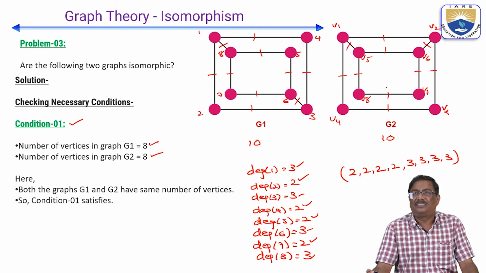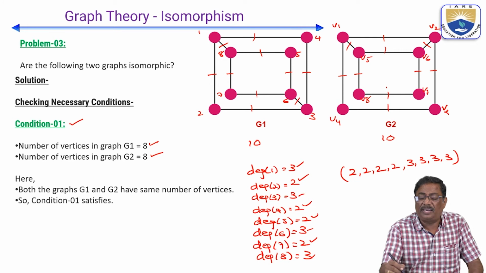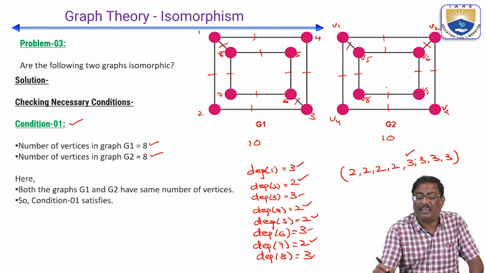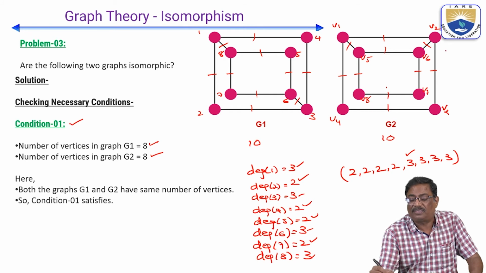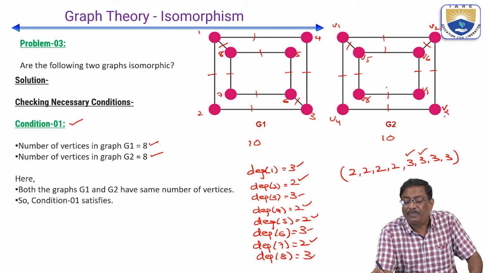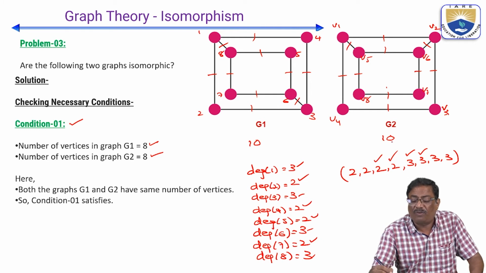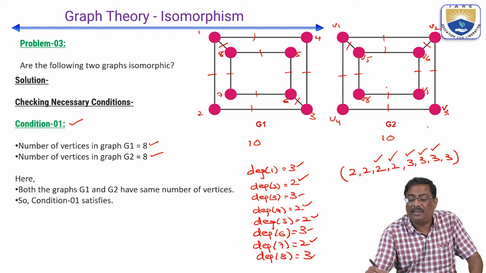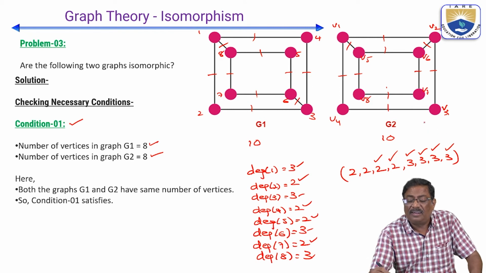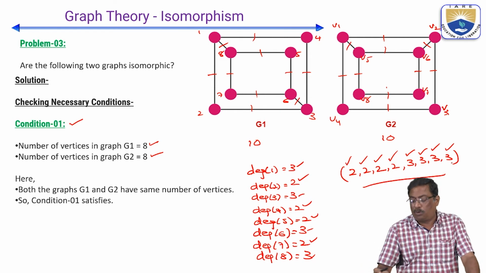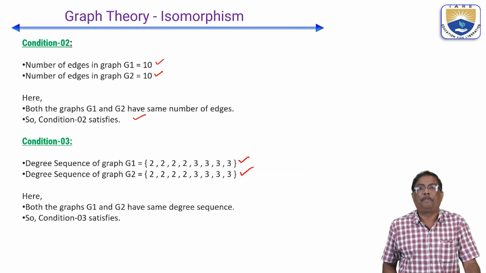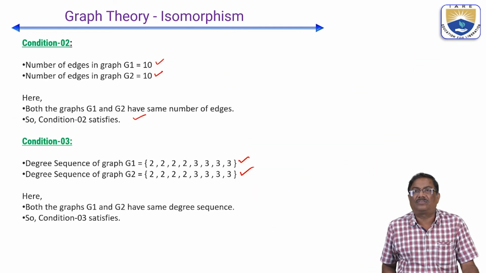See here, degree of V1 is 3, degree of V2 is 3, degree of V3 is only 2, degree of V4 is only 2, degree of V5 is 3, degree of V6 is 3, degree of V7 is 2, degree of V8 is 2. So both degree sequences are the same, and condition 3 is also satisfied.